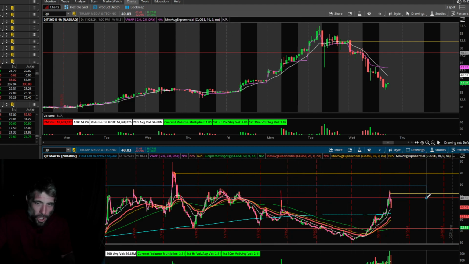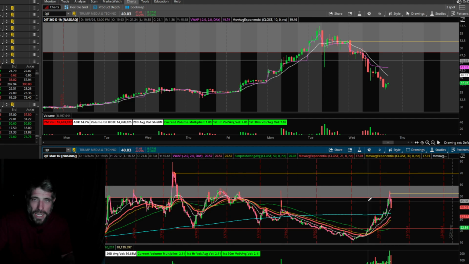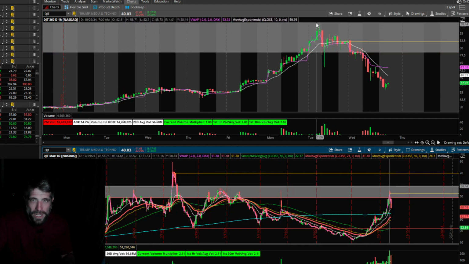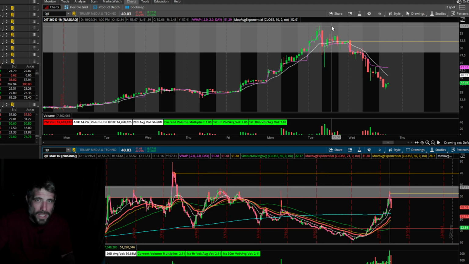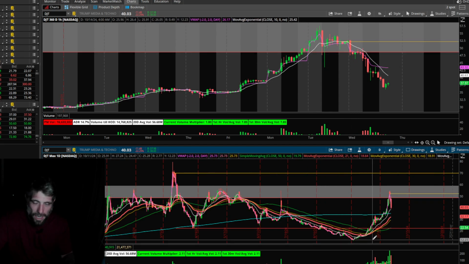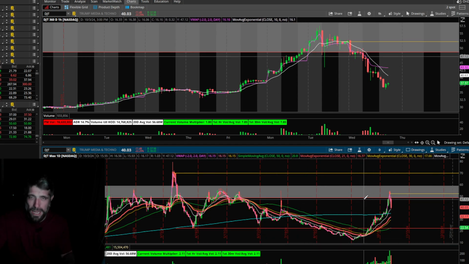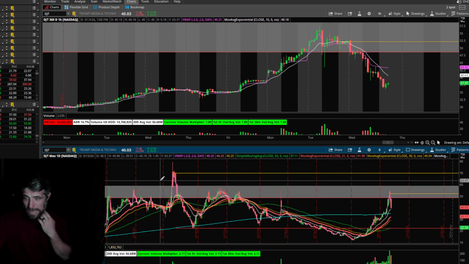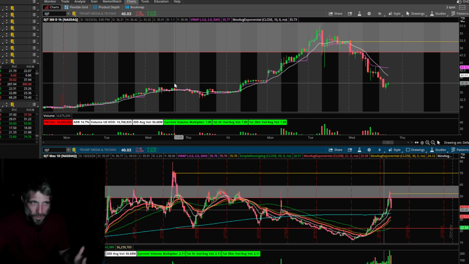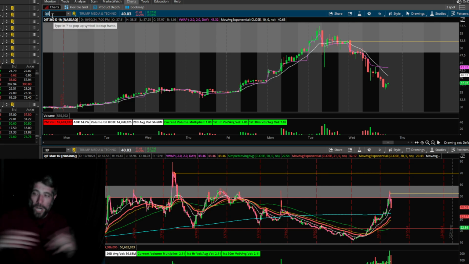If I drag it all the way over to where this red line was, you can see it came right up into that area and pulled back, and I started to see it consolidate. I wanted to use this 52.43 and the previous pre-market high at 57.50 as my stop loss and short this thing down. You can do that too. I'm not saying don't have fun, don't enjoy your life. Paper trade. But if you're going long, use CANSLIM and wait for the right market conditions. If not, work on a different strategy.